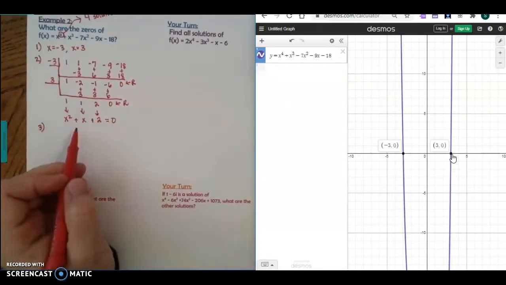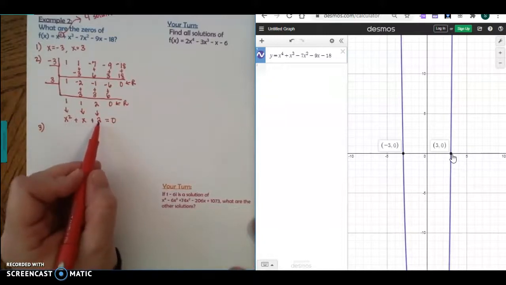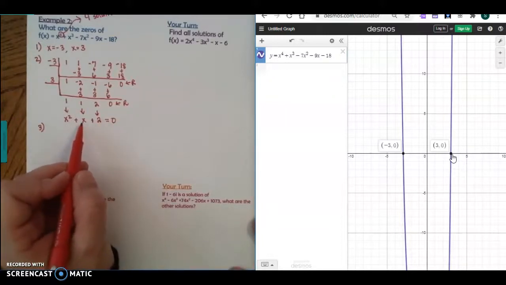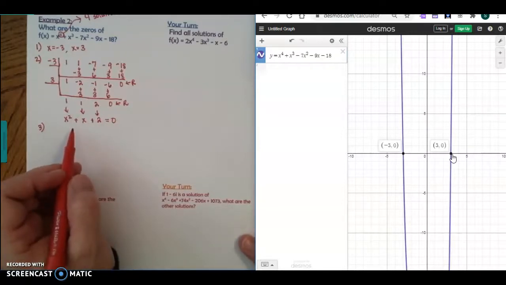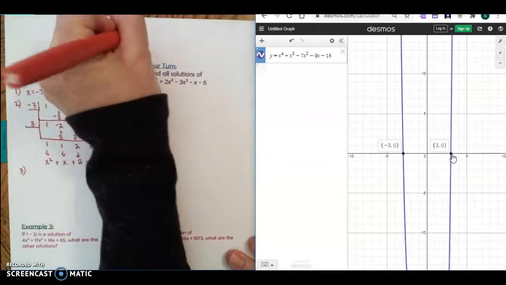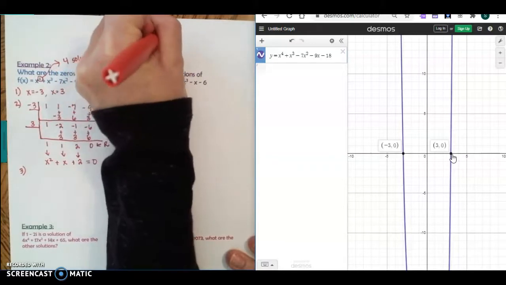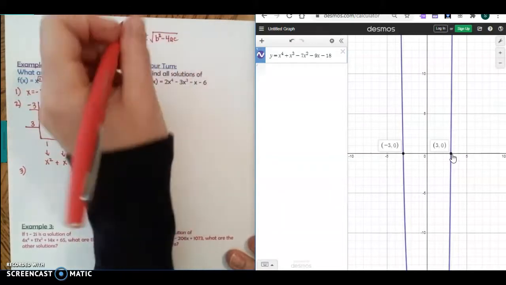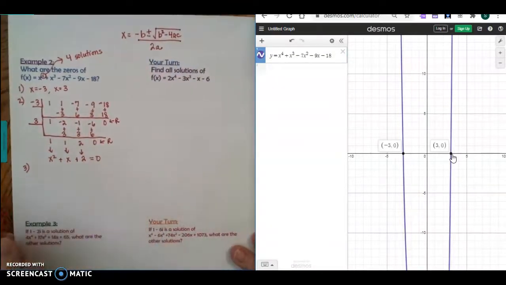So step 3, I'm going to try to do AC. If I can, that's great. If you look, we would be looking for factors of 2 that would give us 1, and we can't do that. So you're going to have to do quadratic formula. And just to refresh your mind, opposite of b plus or minus the square root of b squared minus 4ac, all that over 2a.